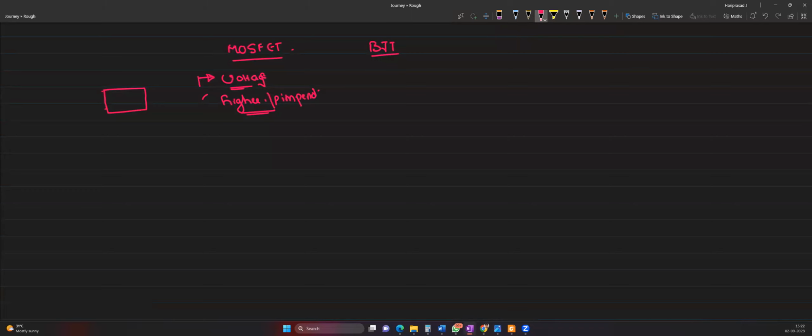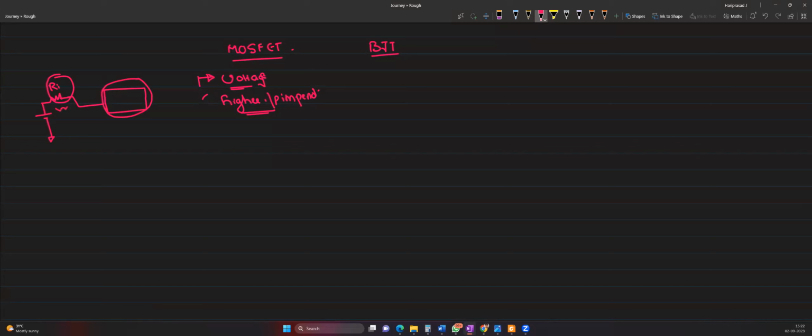Because what will happen, for example, you have a battery. Internally it will have some resistance, Ri. If the input impedance is not high compared with Ri, the internal resistance of the battery, what will happen?